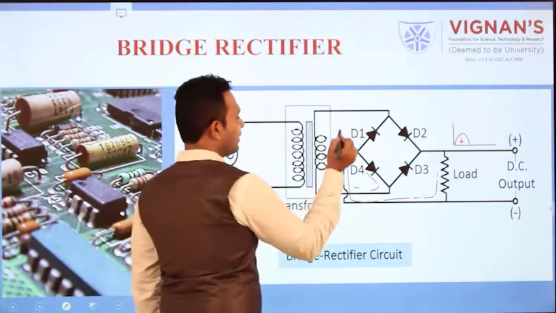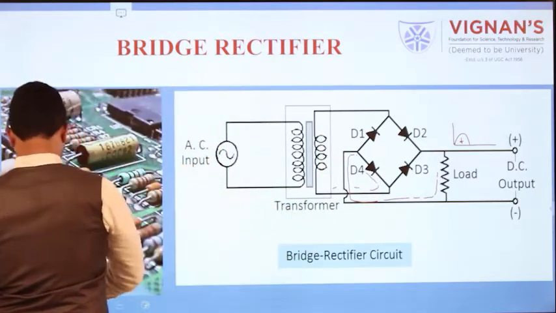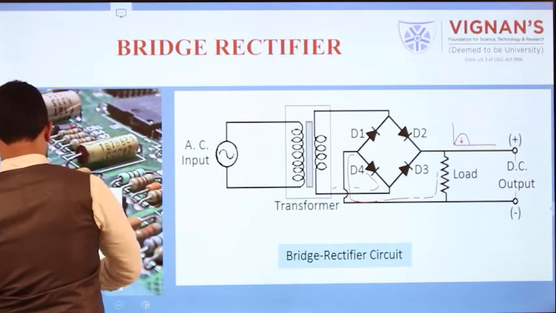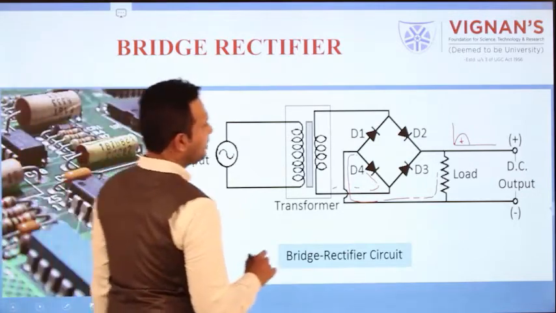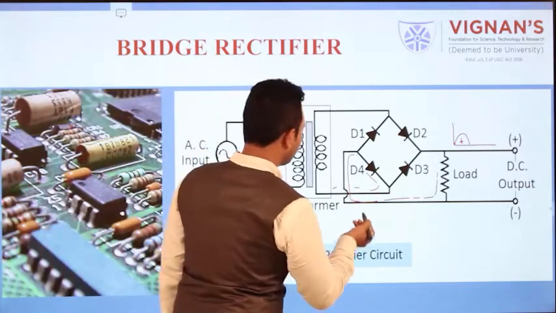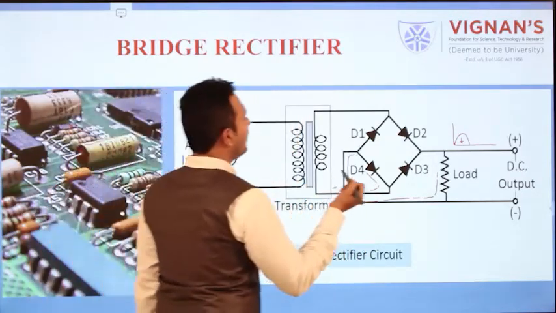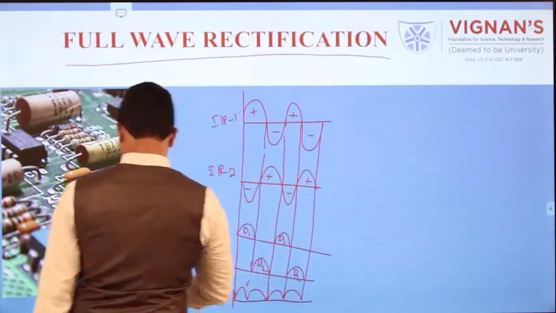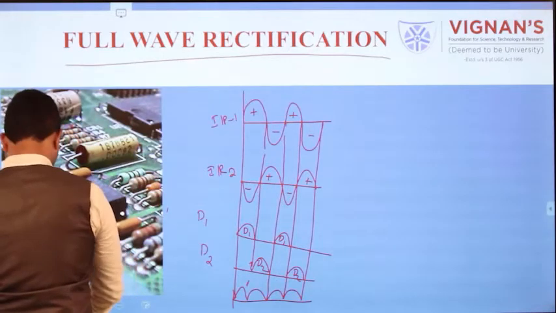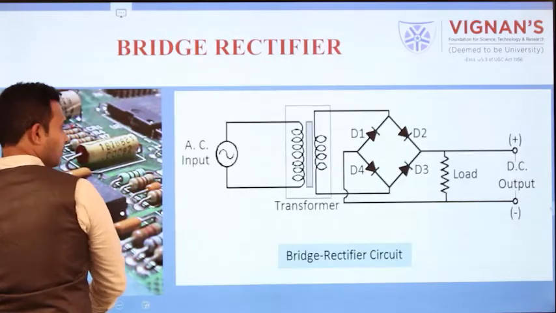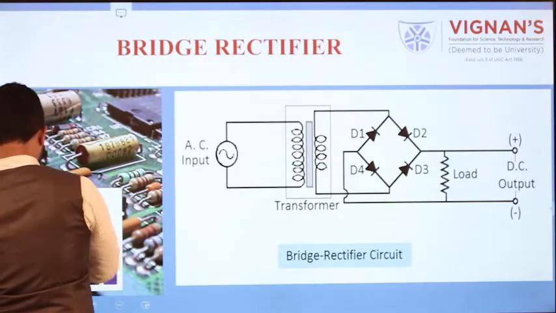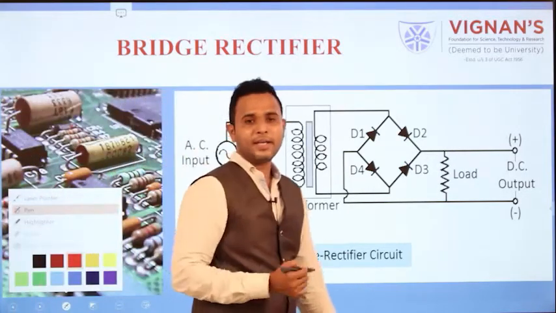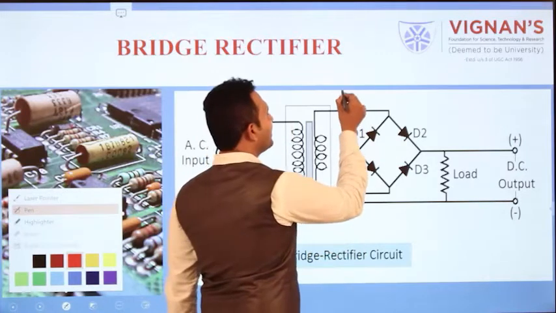Coming to the negative peak. What happens with the negative peak?